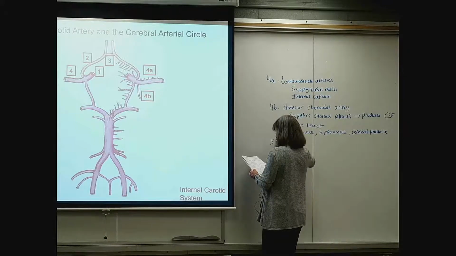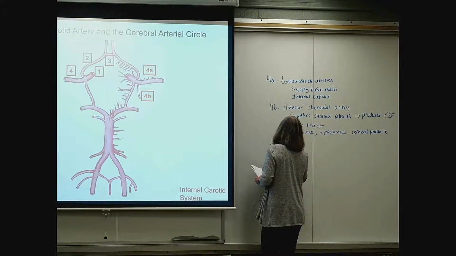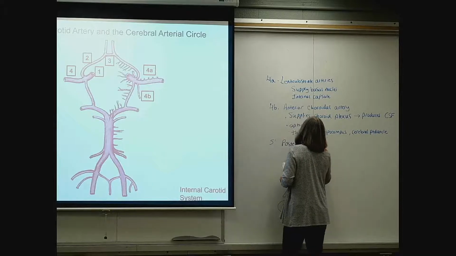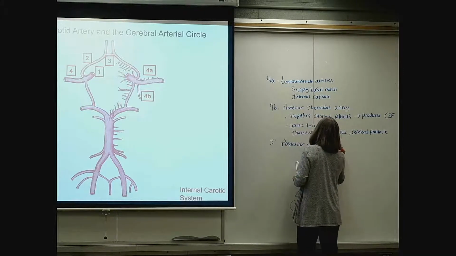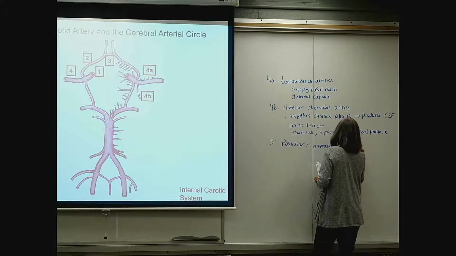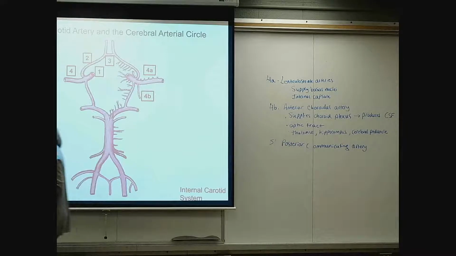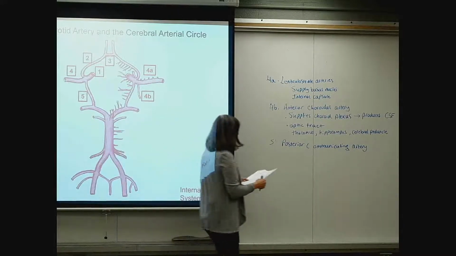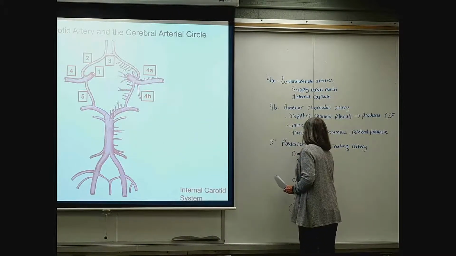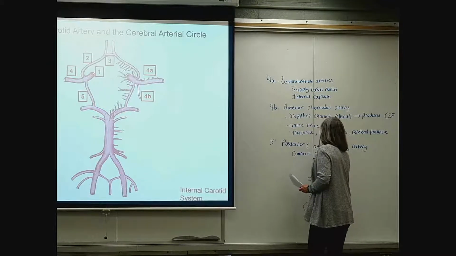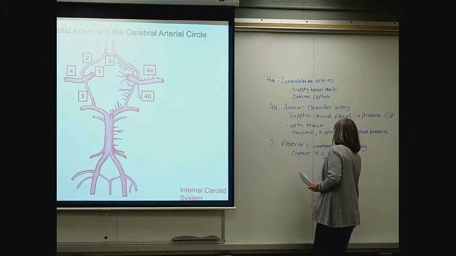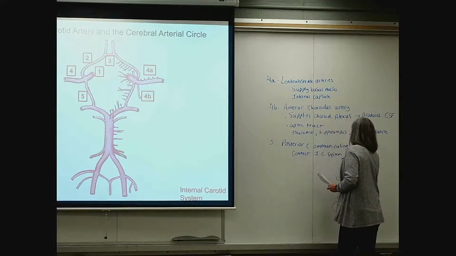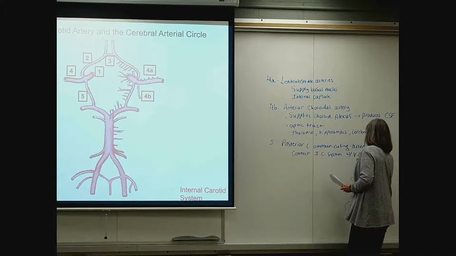Okay, so next we have our posterior communicating artery. Our posterior communicating artery is number 5, and that is going to connect our internal carotid system with our vertebral basilar system.